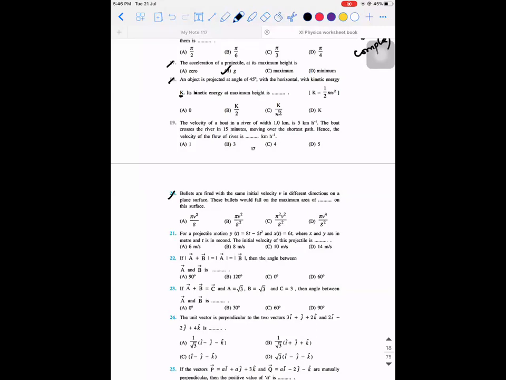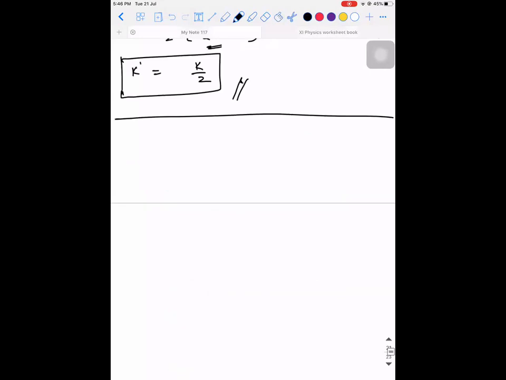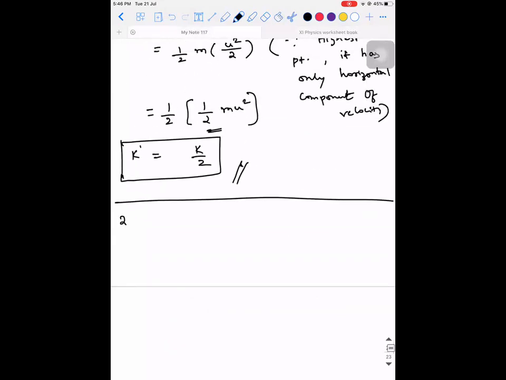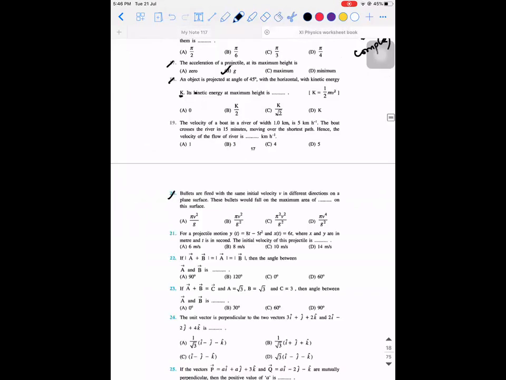So the 20th one is, bullets are fired in all the directions with the same initial velocity v in different directions on a plane surface. These bullets will fall on a maximum area of how much value?